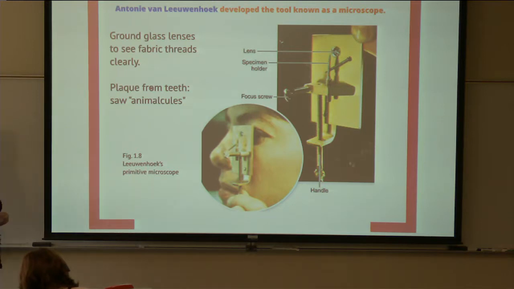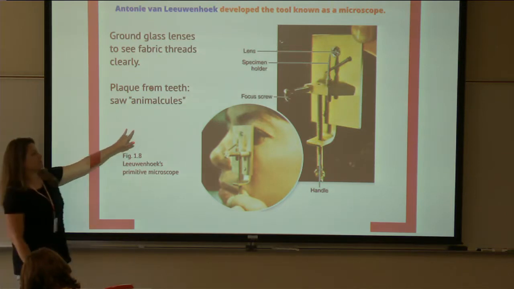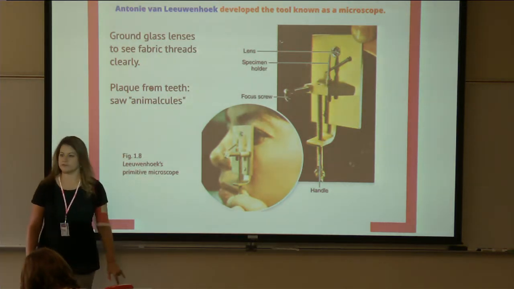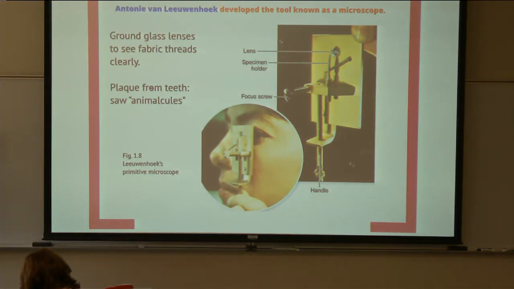Let's see the rainwater that landed on his windowsill. So he took some rainwater, took his lens, and he's like, wow, the water looks alive. If I see it magnified, it looks like there's little things in there. They're like little tiny animals, but they're like molecules. So that's the word he developed, animalcules. He's like, wow, they're running around in this water.